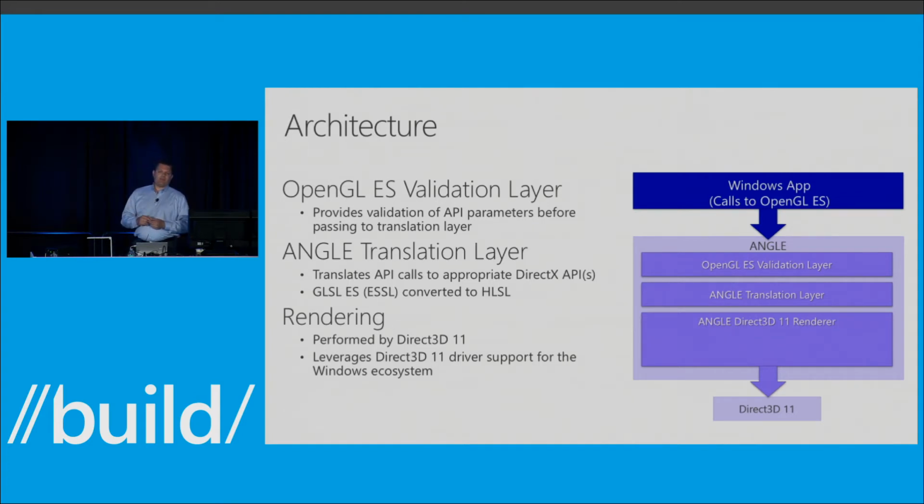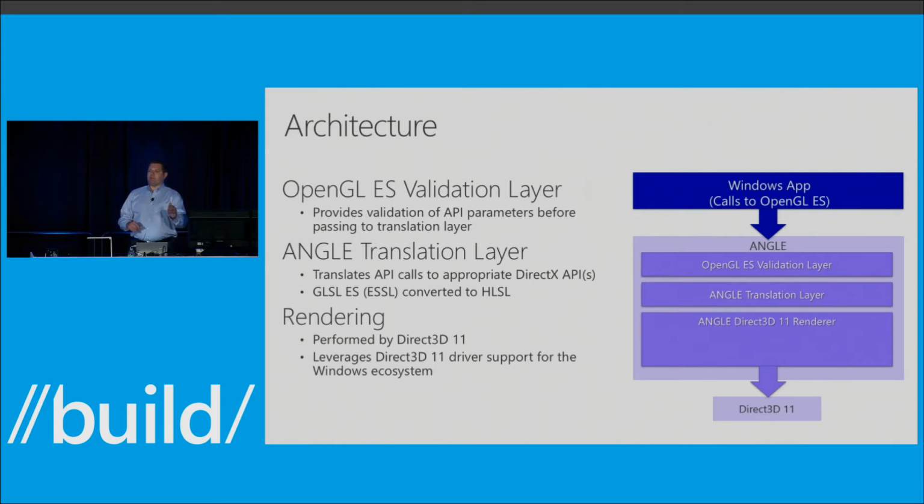The next layer is the translation layer. What the translation layer does is it takes the OpenGL ES GUI, and yes, that's an official word, and translates it to the DirectX terminology, right? GUI. So it creates the mapping for the APIs.